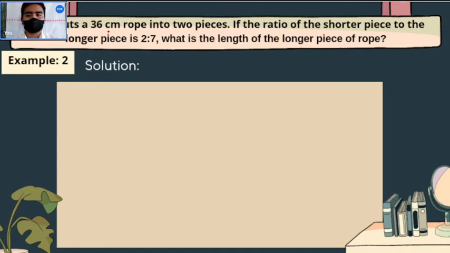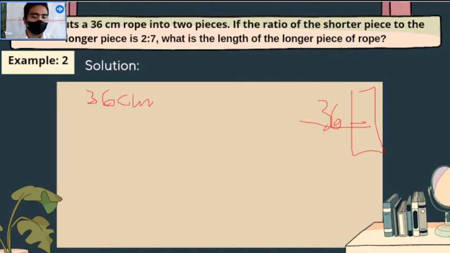Jason cuts a 36 centimeter rope into 2 pieces. So he divides the rope into 2. If this is 36 and he divides the rope in 2, it will become what? 18 each. 18 and 18, isn't it?